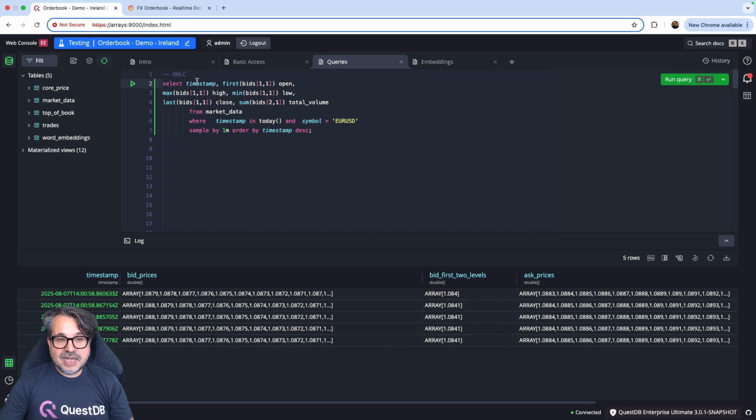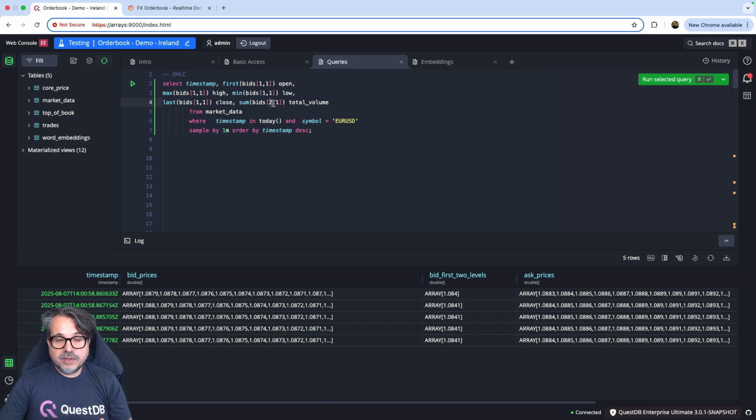So if I access the first position of the prices, I'm getting the first best price for this table. Then I'm getting the max best price for this table, the minimum best price for this table, the latest bid price for this table, and the total volume.